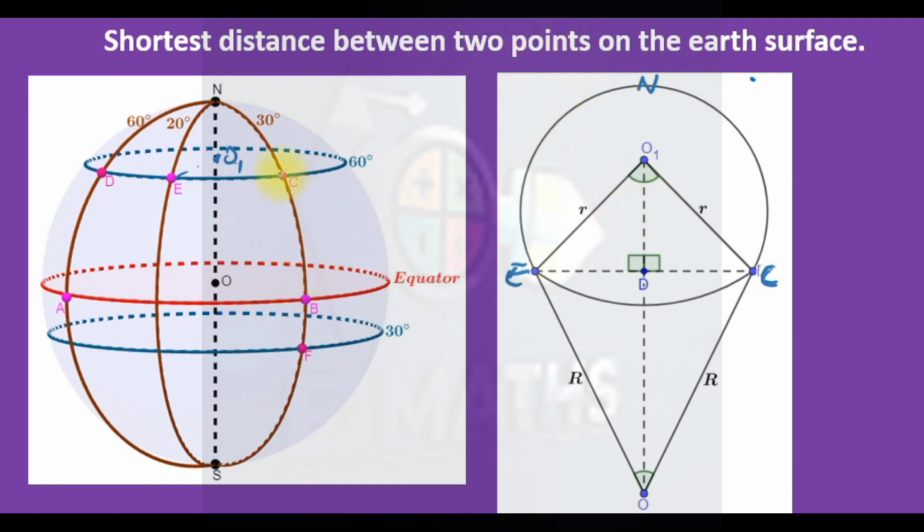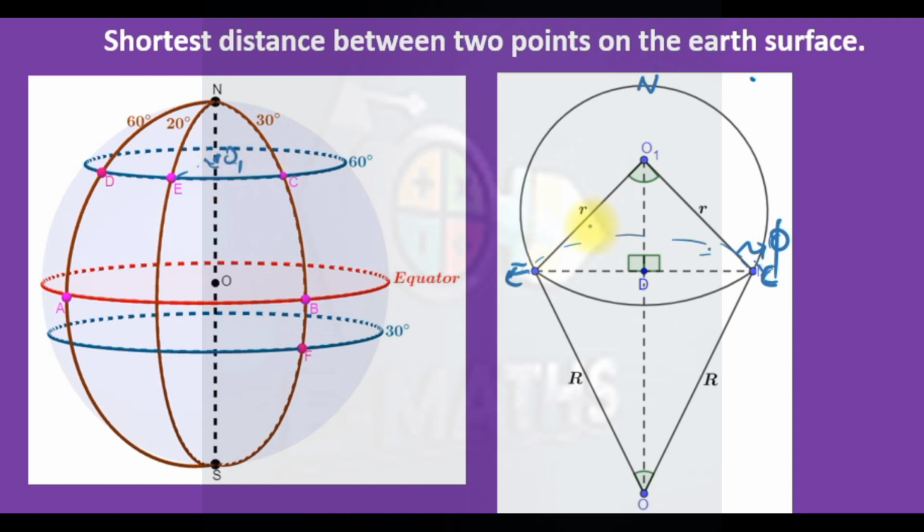So as you can see, we know that the common latitude here is 60. Let's take the common latitude to be phi, which in this case is 60. And we know that when we are to find the distance between these two, the angle here is 20, while here is 30.